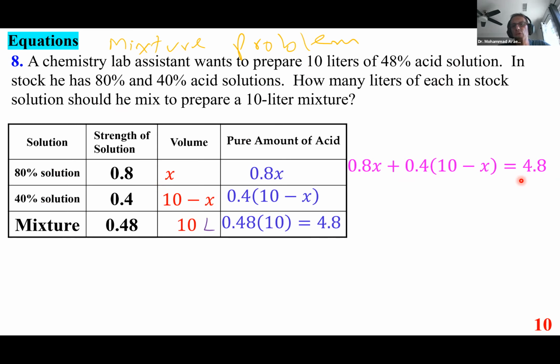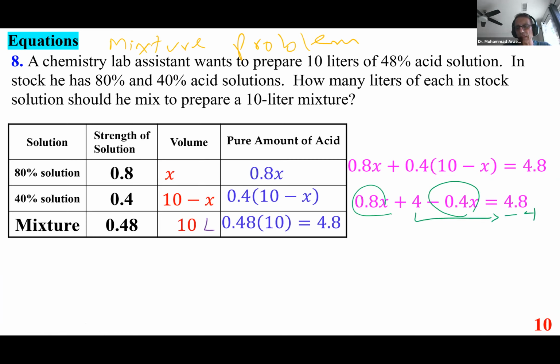We distribute the 0.4, that becomes 4, that becomes minus 0.4x, and we combine terms as follows. This one and this one we combine, we get 0.4x, and this one we subtract from the right side, we get 0.8.